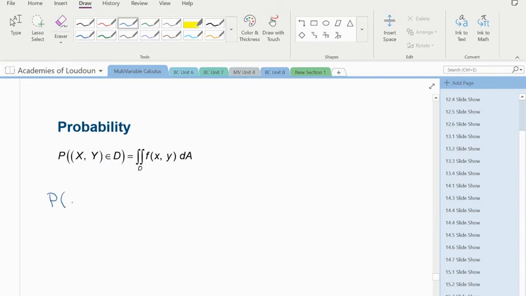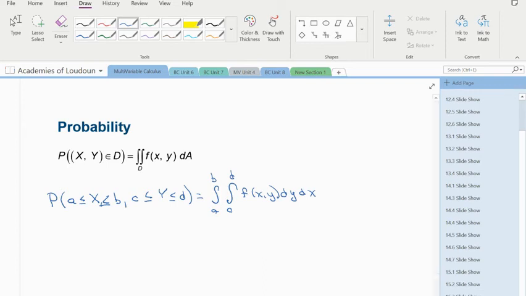We have the probability that x is between a and b and y is between c and d is going to be the double integral from a to b and c to d of my probability density function, f of x, y, dy dx.